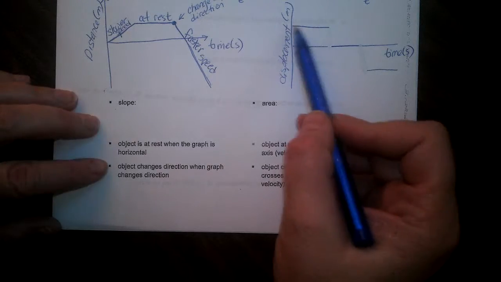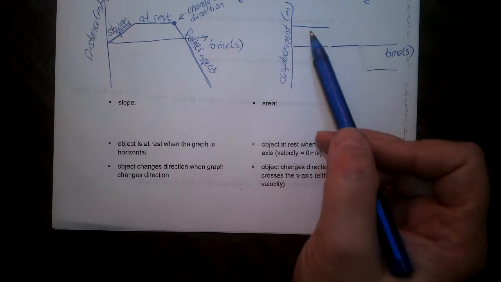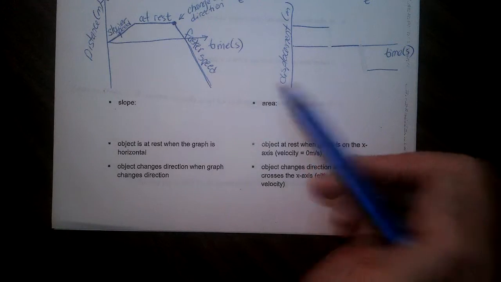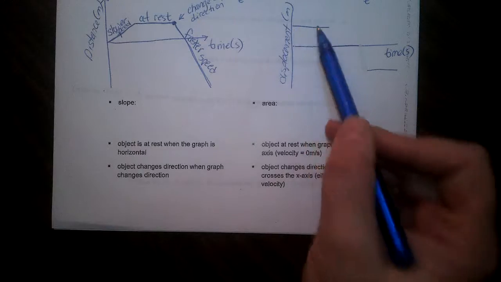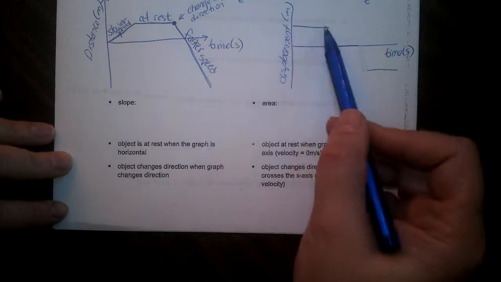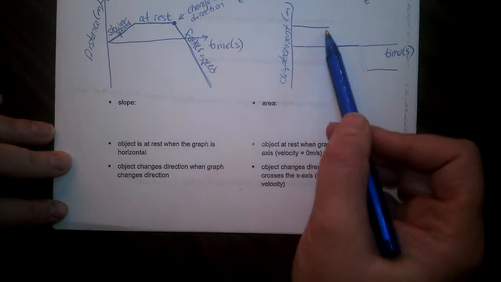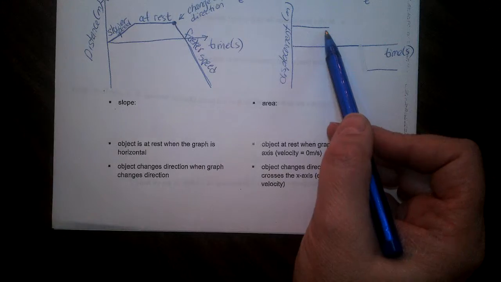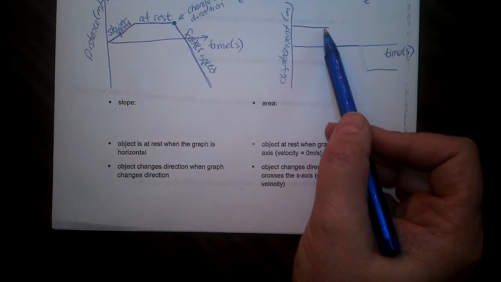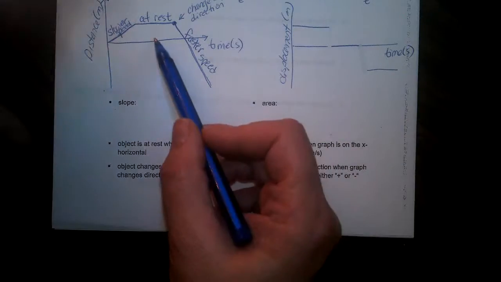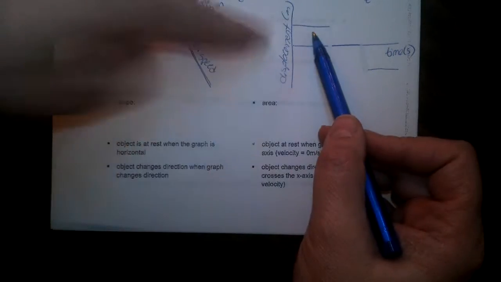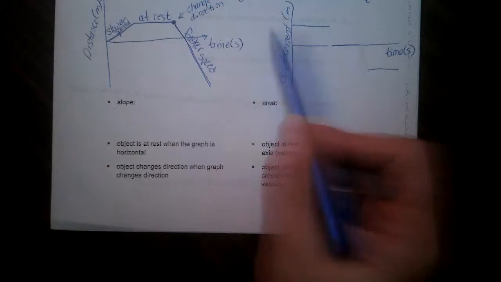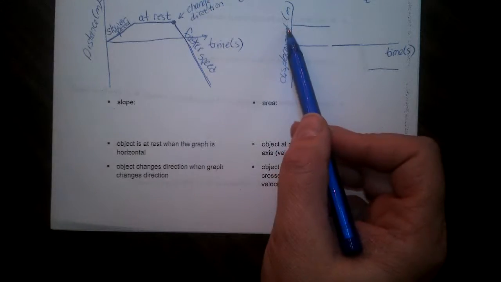When I have a flat line at some displacement value, this is at a positive displacement value. When I have a value there, I have motion because there's direction. We're moving in a specific direction. Here, this is just movement. This is movement in a direction, so I need to have a line at some displacement value.